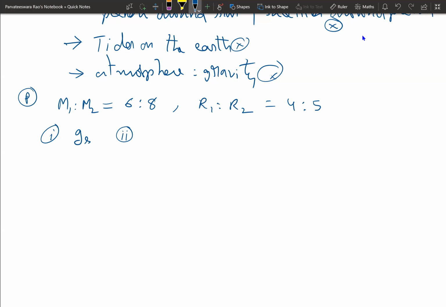Third, energies of satellites of same mass.